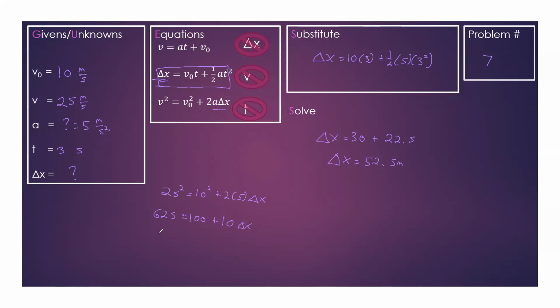So 625 minus 100 is 525 equals 10 delta x. Divide both sides by 10, and 525 divided by 10 gives you 52.5 meters, exactly the same as we found over there. Either equation works.